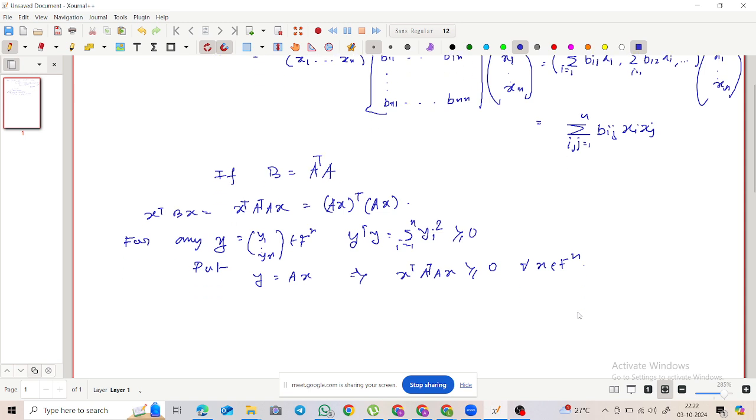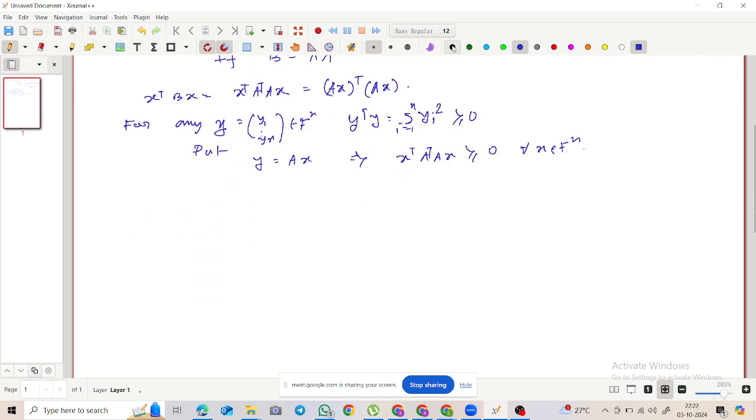So we have the following claim: rank of A is equal to rank of A transpose A. So how do we prove it? Let x belong to kernel A. That implies Ax equals 0.